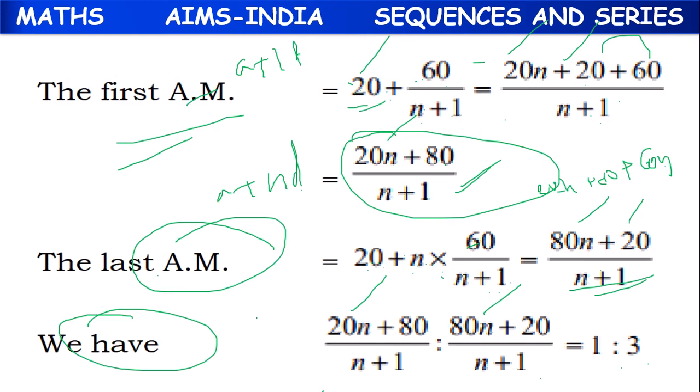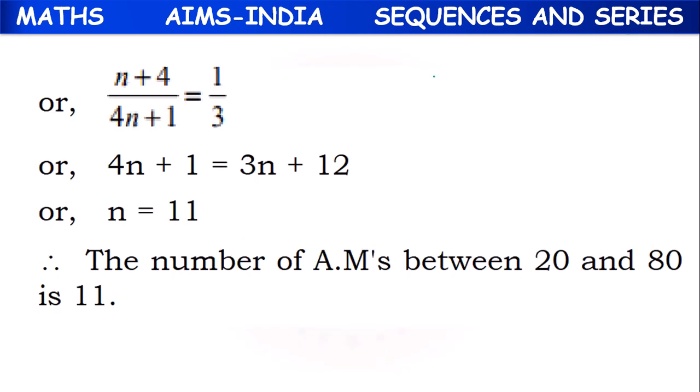1:3. So this n plus 1 cancels. What will we be having? We will be having 20n plus 80 by 80n plus 20 equal to 1 by 3, where we can take 20 common. 20 common means here we will get n plus 4.